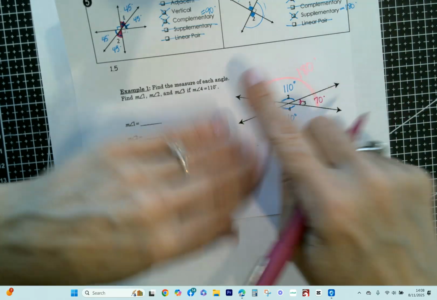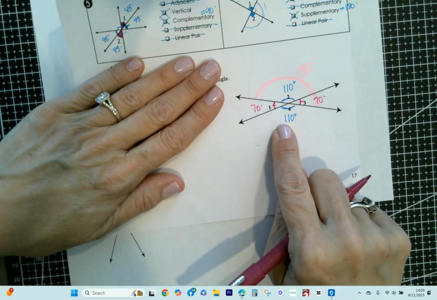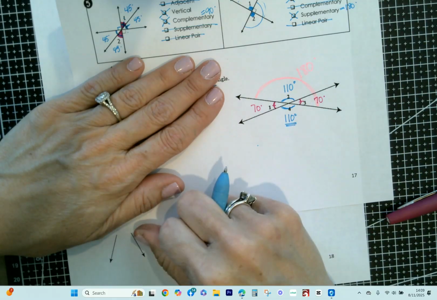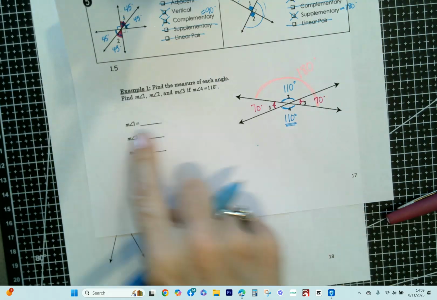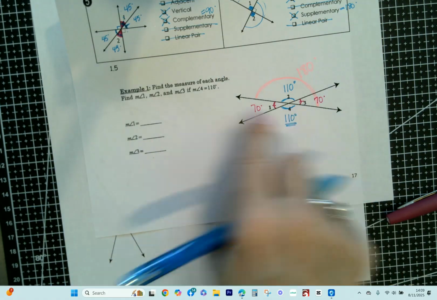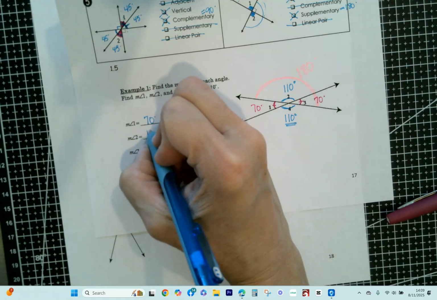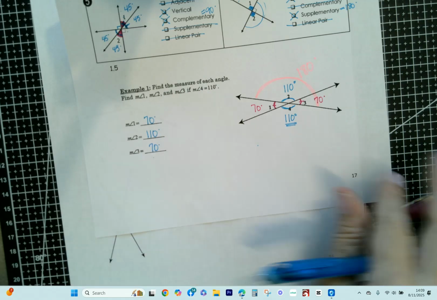So I haven't even answered anything over here. All I needed was one number, and I was able to figure out everything I need to know about this diagram. So over here, I can just transfer my answers: 70 degrees, 110 degrees, and 70 degrees.